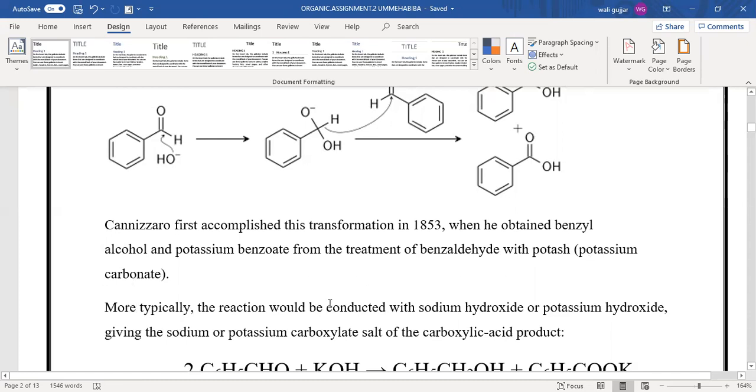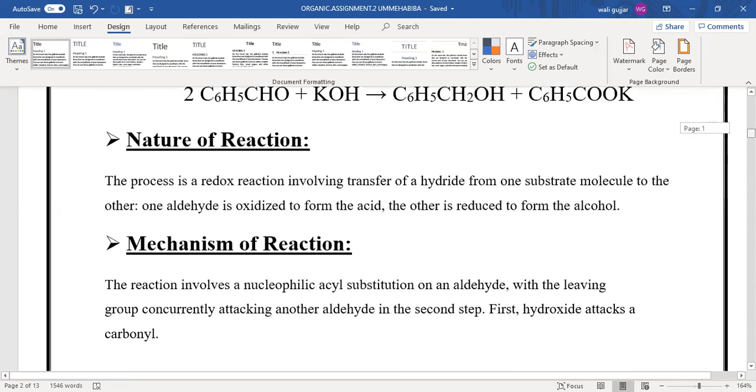But more typically, this reaction is conducted with sodium hydroxide or potassium hydroxide, and the products will be the sodium or potassium carboxylate salt of the carboxylic acid product. So the equation of the typical reaction is this. You can see two molecules of benzaldehyde are reacting with potassium hydroxide, and the products are potassium benzoate and the other product is benzyl alcohol.